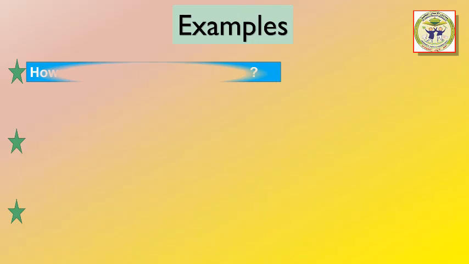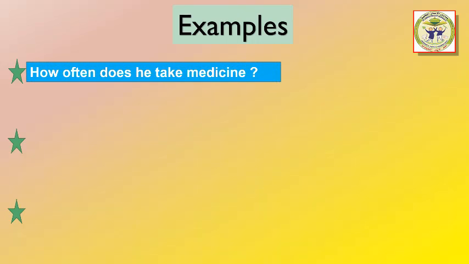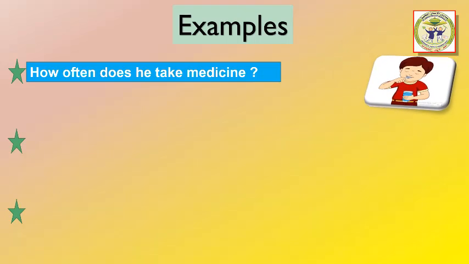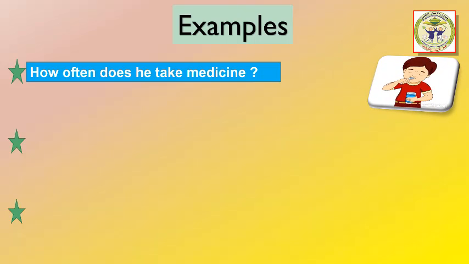I'll give you examples to practice how to make a question using how often. Question number 1, how often does he take medicine? The components of this question: number 1, the question word, how often.